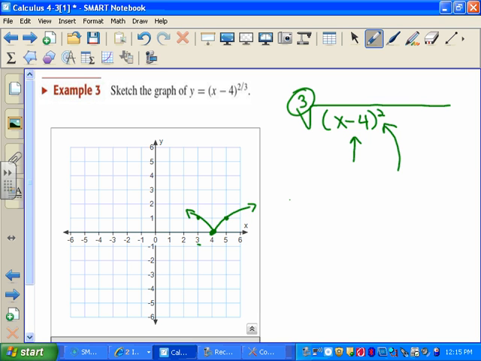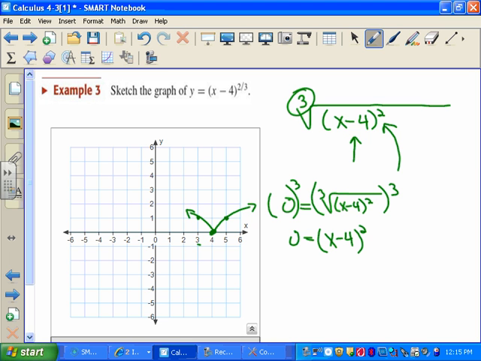And so what I need to do is I need to set 0 equal to the cube root of x minus 4 quantity squared. So to undo this, I'm going to cube both sides, undoing operations. And now I'm going to square root both sides.